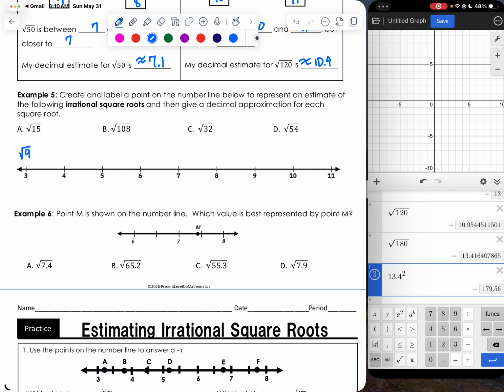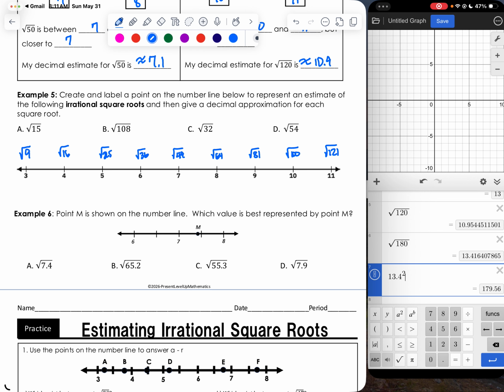So I know the square root of 9 is 3, the square root of 16 is 4, the square root of 25 is 5, the square root of 36 is 6, square root 49 is 7, square root 64 is 8, square root 81 is 9, square root of 100 is 10, and the square root of 121 is 11.